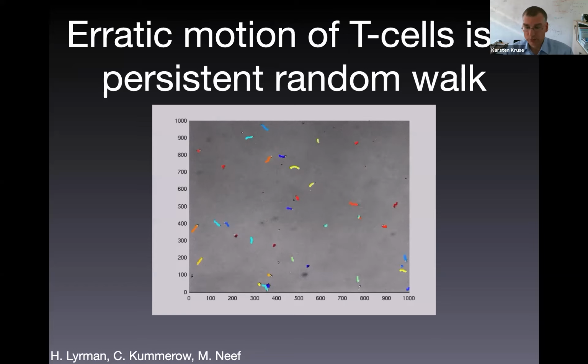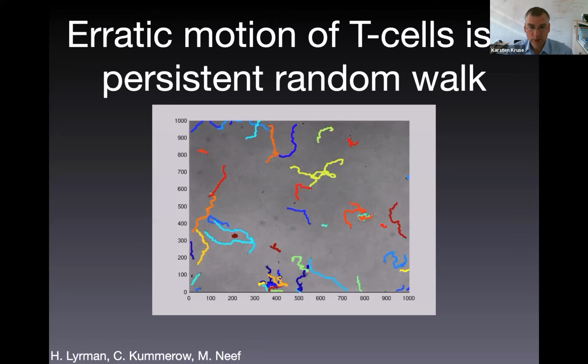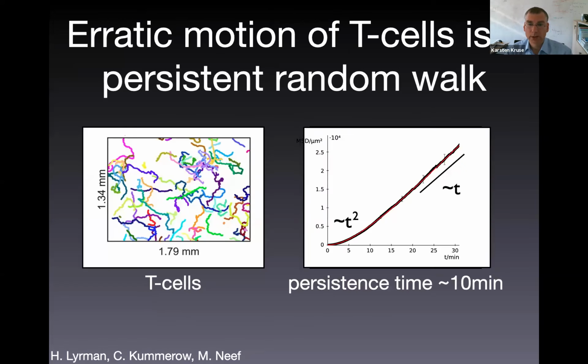Just to give you a visual impression that these cells are really doing random walks, here we can see several trajectories. And if you look at the mean squared displacement of these cells, you will see that initially there's a ballistic phase, which then turns over into a diffusive phase, really showing that on large time scales, this motion is diffusive.